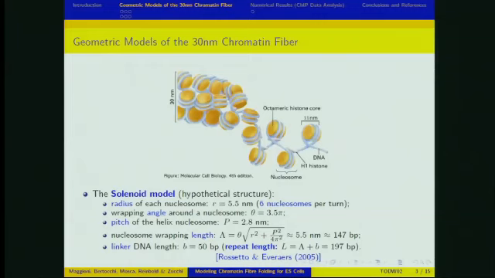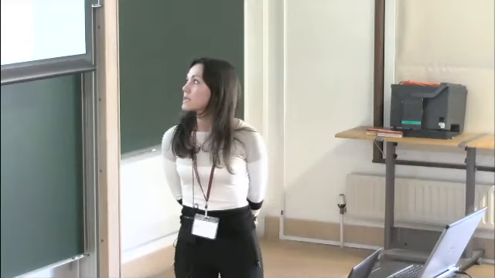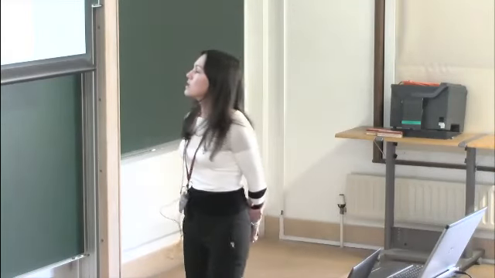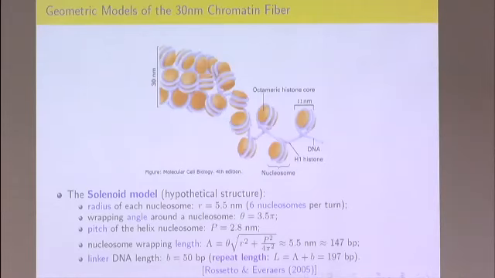The pitch of the helix is 2.5 nanometers, and the nucleosome wrapping length around each nucleosome is around 147 base pairs. We have also fixed a constant length between each pair of nucleosomes, fixed to 50 base pairs, such that the sum of the wrapping length plus the linker DNA length is around 200 base pairs.